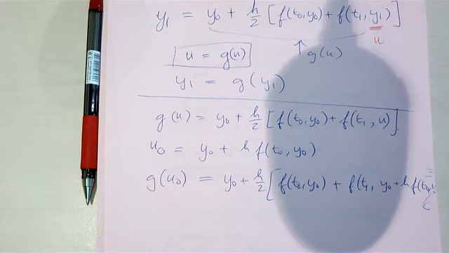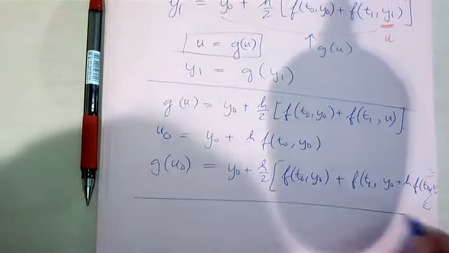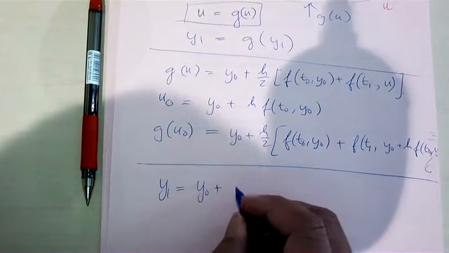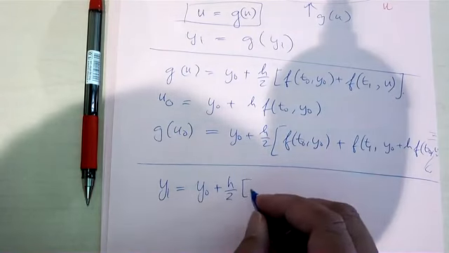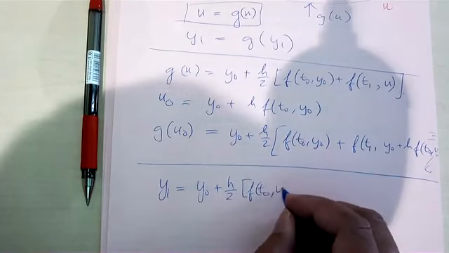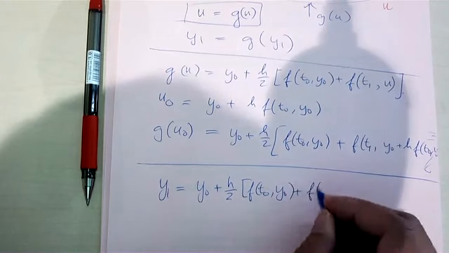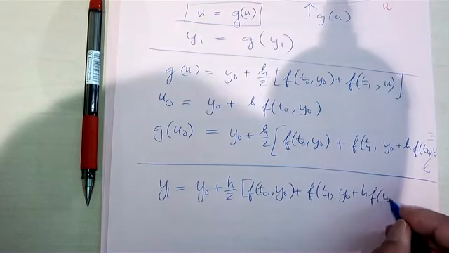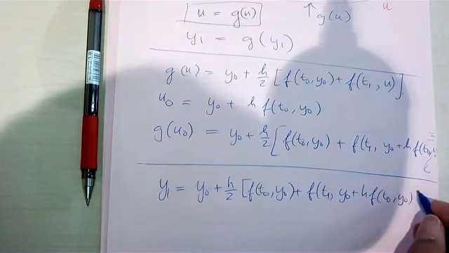Now, suppose you define Xi1 and Xi2 like this. If you look at this equation again, y1 equals y0 plus h over 2 times f(t0, y0) plus f(t1, y0 plus h f(t0, y0)).